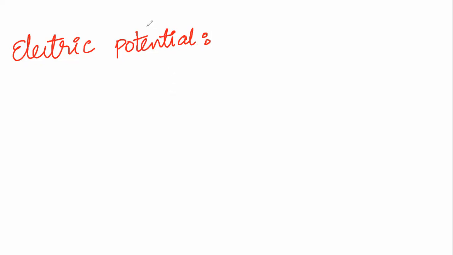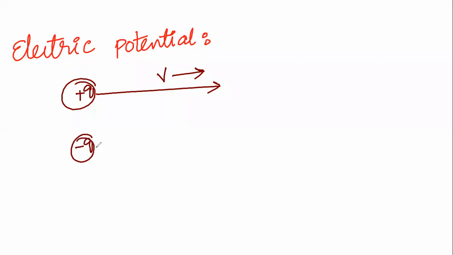Electric potential is a vector quantity. The direction of the electric field intensity is away from the positive charge, and towards the negative charge.